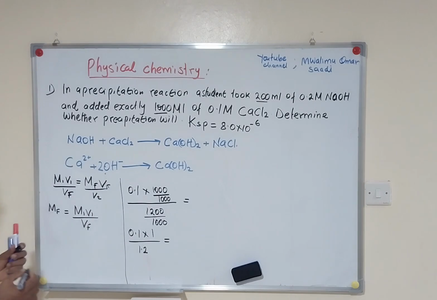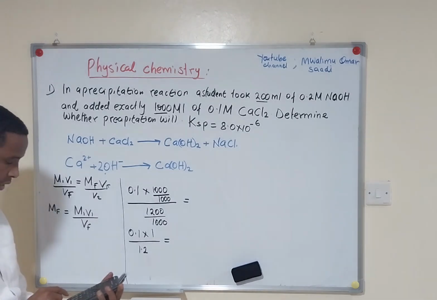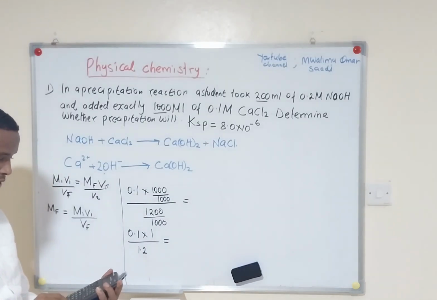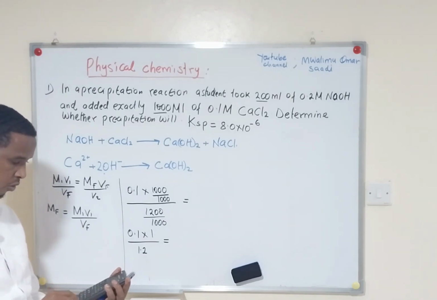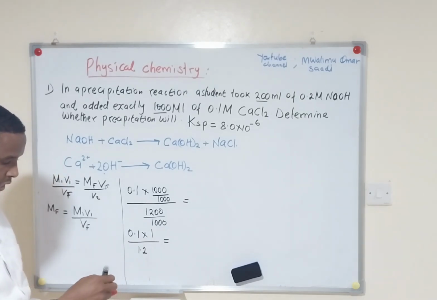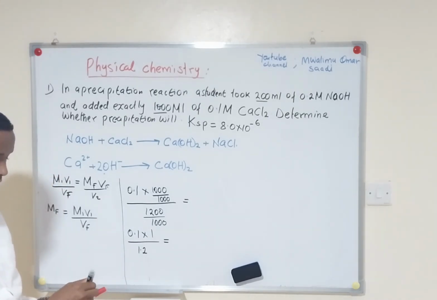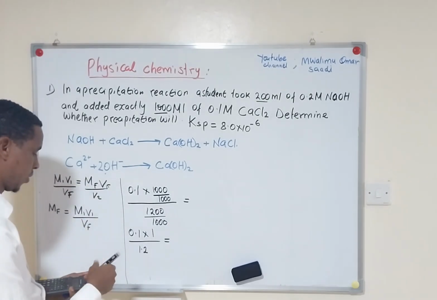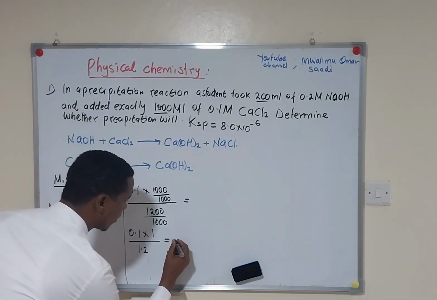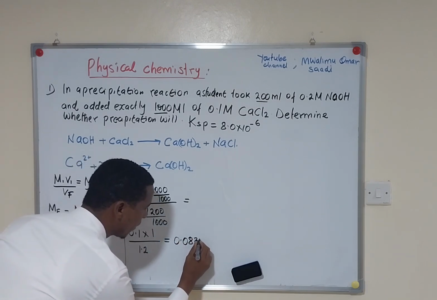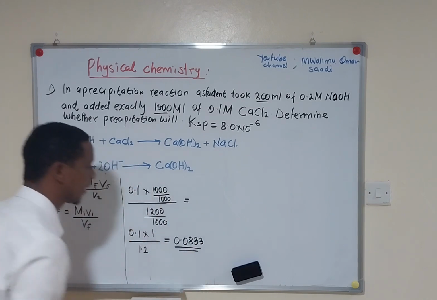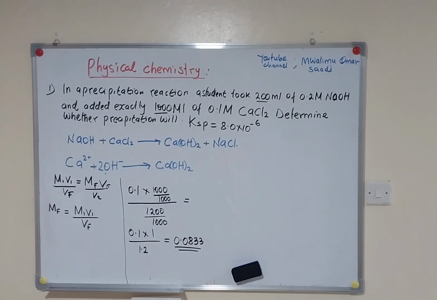So that will give us 0.1 times 1, which is 0.1, divided by 1.2. That is 0.0833. So 0.0833 is the final concentration of calcium ion.